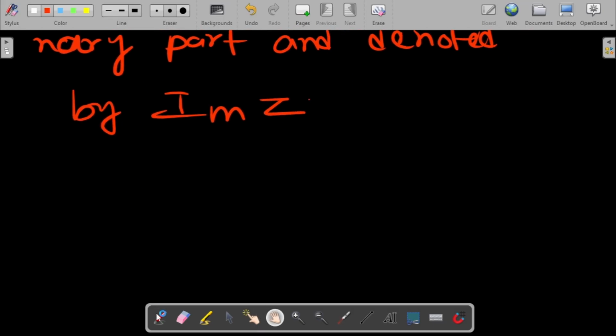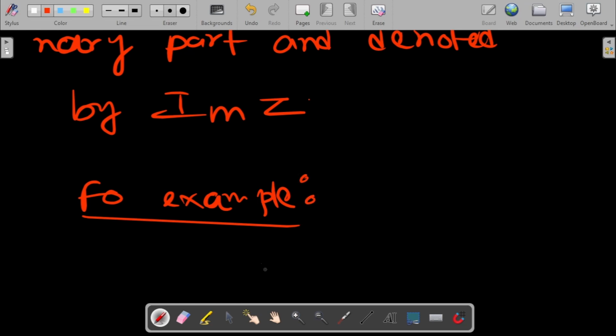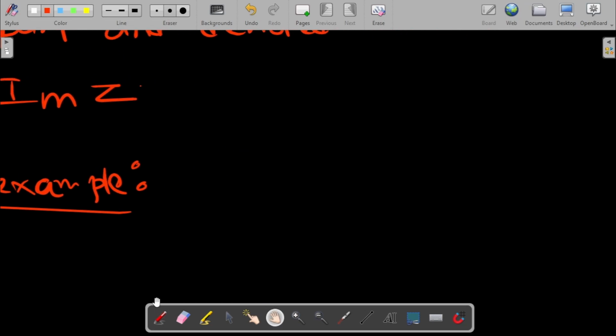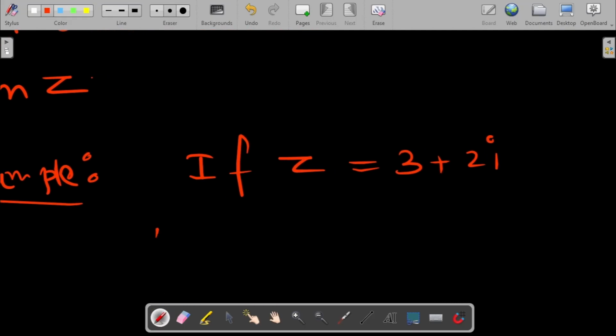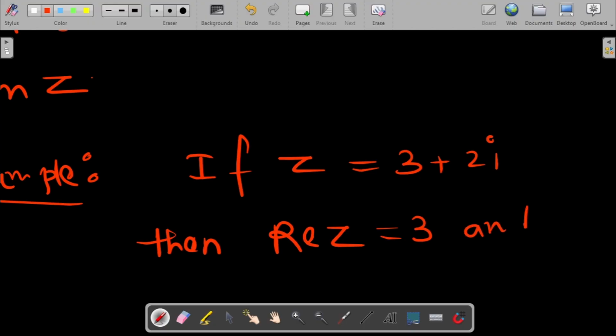For example, if z equal to 3 plus 2i, then the real part of z is what? The real part of z equal to 3, and the imaginary part of z is 2.